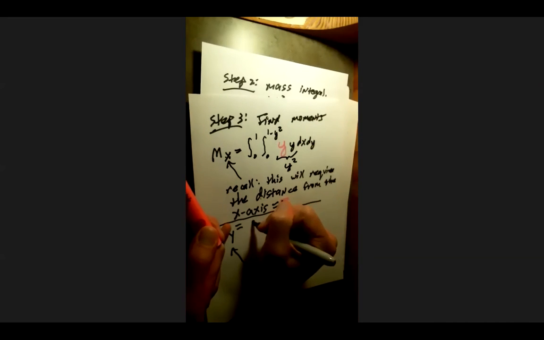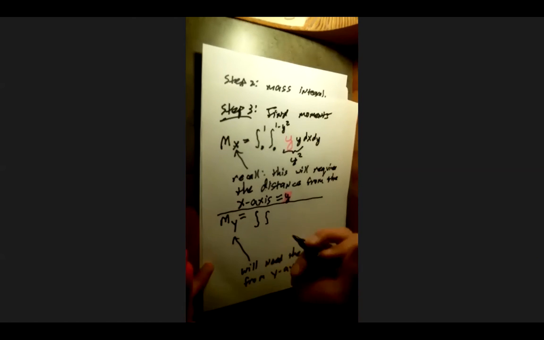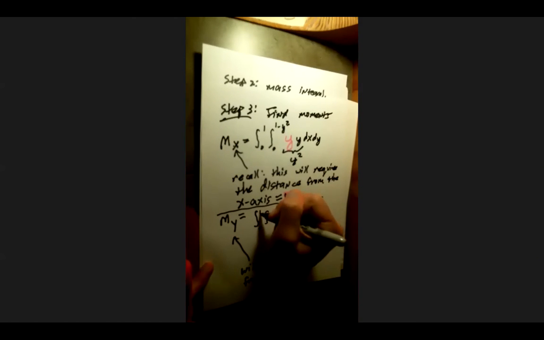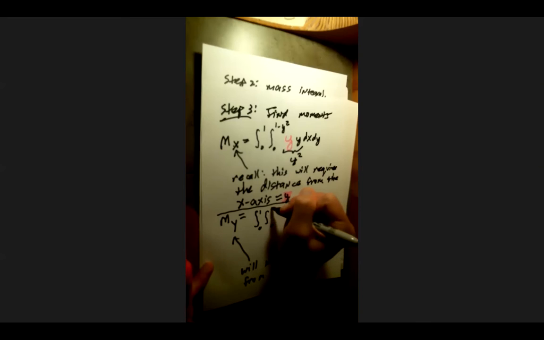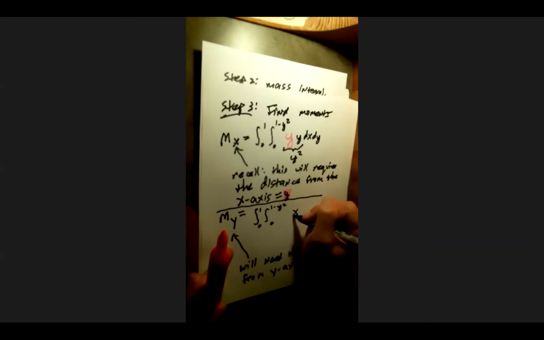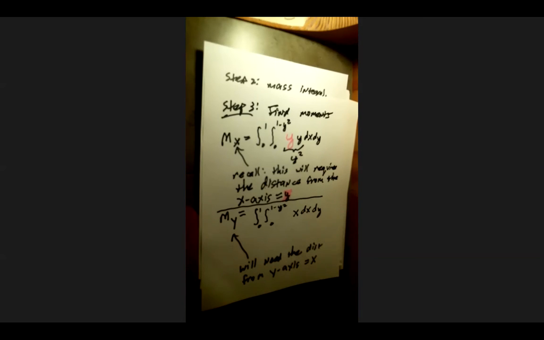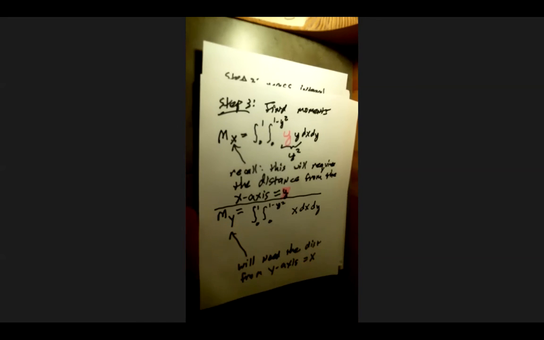And then down below, if we want the moment about the y-axis, again, we recopy that mass integral, the exact same one as before. In order to find the moment about the y-axis, we need the distance from the y-axis, which is x.